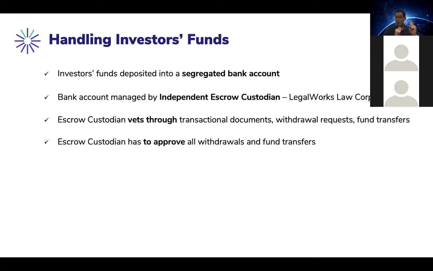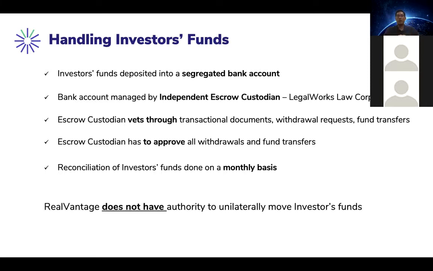So the escrow agent can't just unilaterally push money to themselves. Similarly, RealVantage can't take the money out by ourselves either. There's no way we can do that. For all movements of funds, RealVantage will always have a check and balance mechanism. Simply put, we can't unilaterally move funds out, and we can't move any of our investors' funds out.